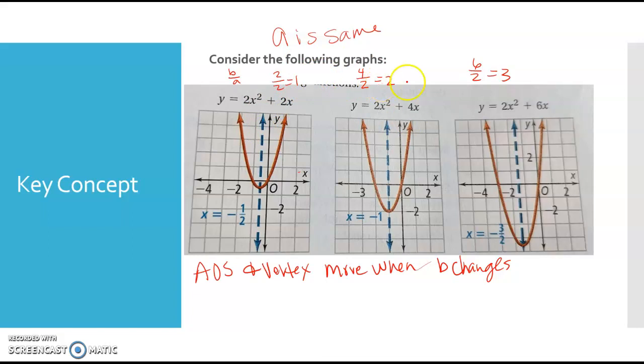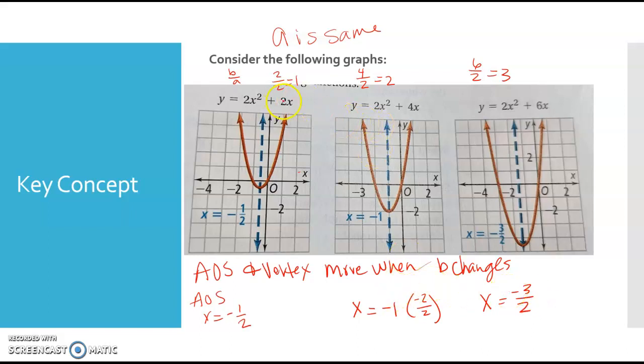But if we look at our axes of symmetry, we have x equals -1/2, we have here x equals -1, but that's the same as -2/2. And with this axis of symmetry, we have -3/2.